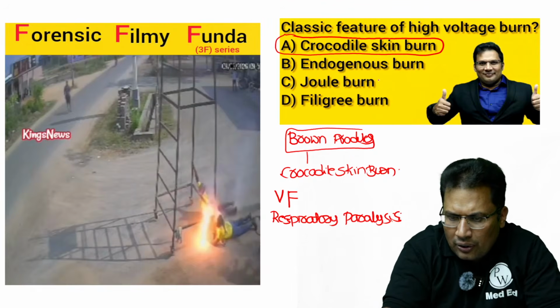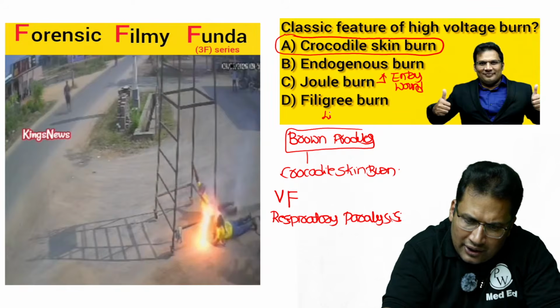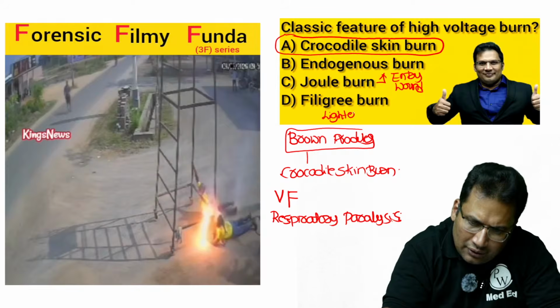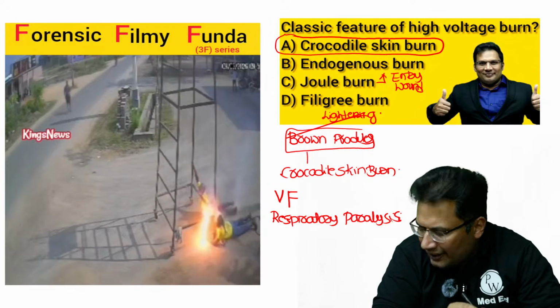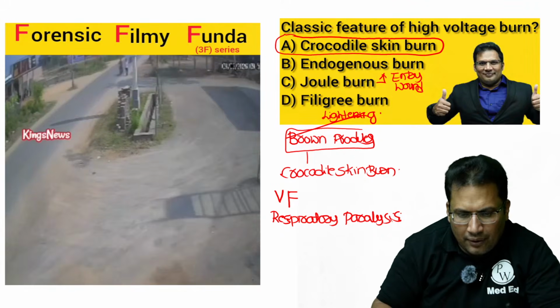Endogenous burn is also known as jewel burn, nothing but entry wound. Filigree burn is seen in case of lightning. So A is the correct answer. Good. And the second question.